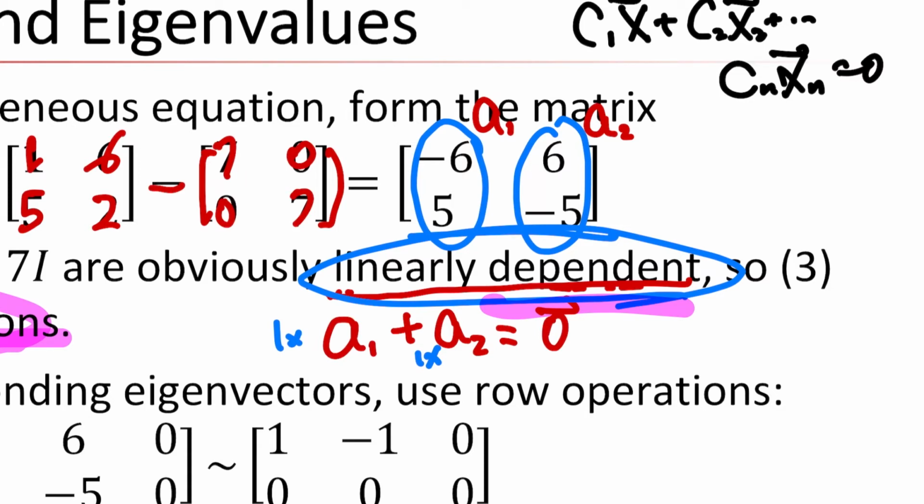If the vectors x1 through xn are linearly independent, there is only the trivial solution.